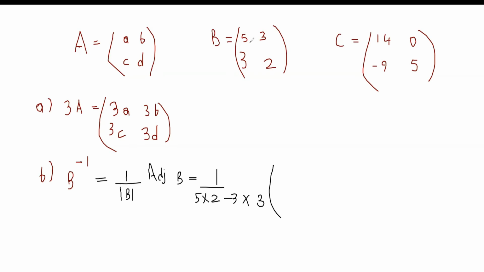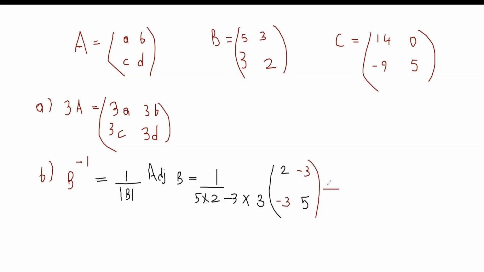To get the adjoint, you switch these two elements, so the 2 comes up here and the 5 comes down here. And then you negate. When I say negate, I mean multiply by -1. You multiply elements b and c by -1. So here will become -3, and here will become -3. So that is B inverse.